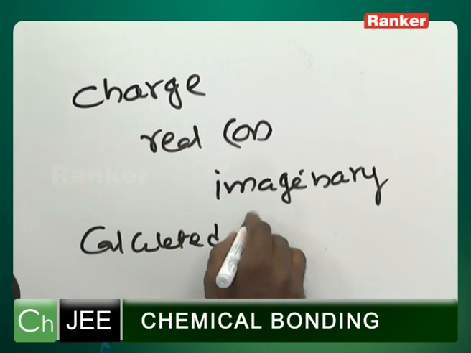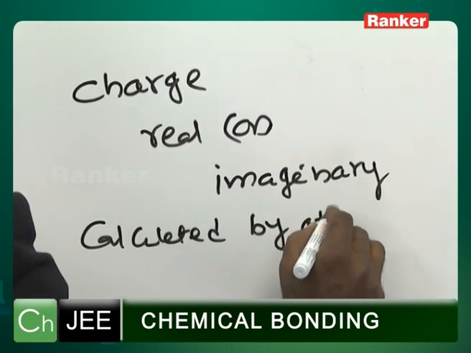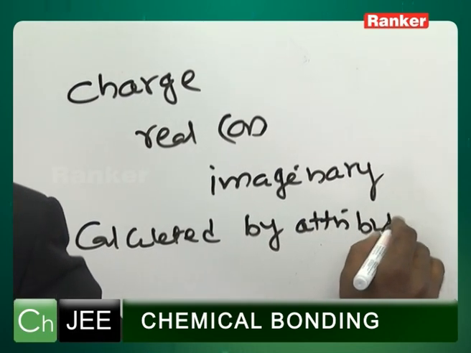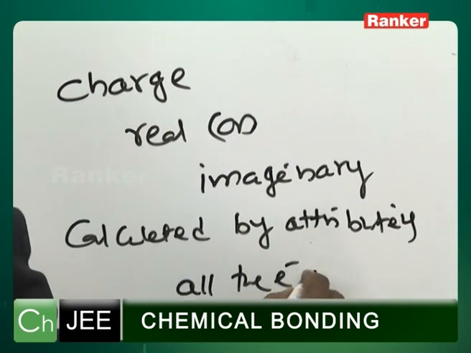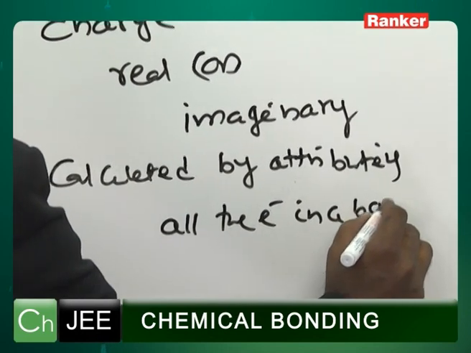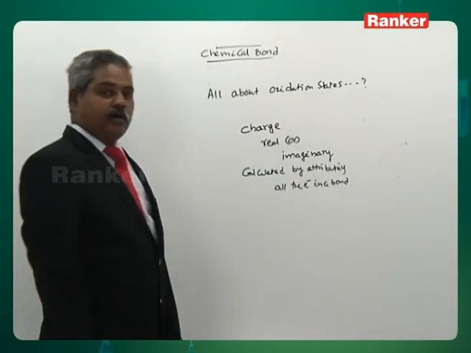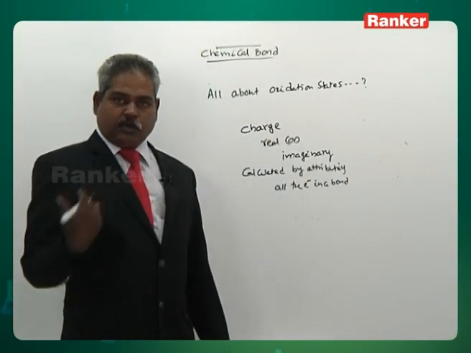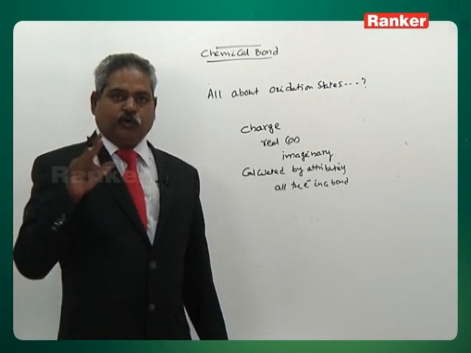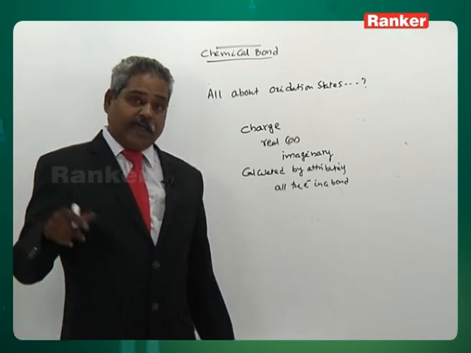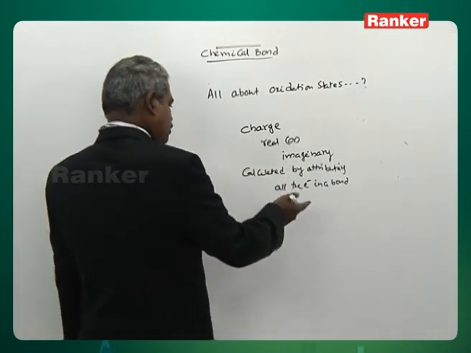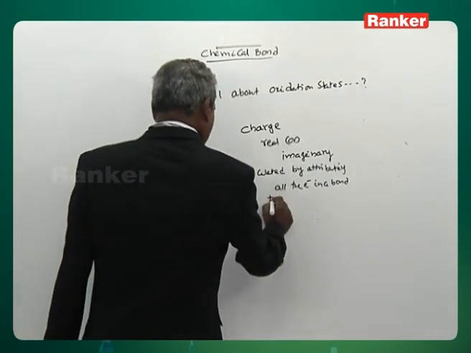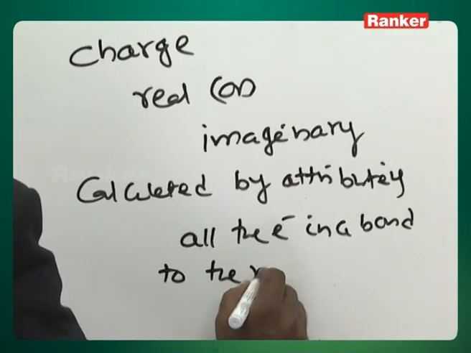Calculated by attributing all the electrons in a bond, whether they belong to the other atom or this atom. HCl, there are 2 electrons, one of them belongs to H, but still we attribute both the electrons in a bond to the more electronegative atom.